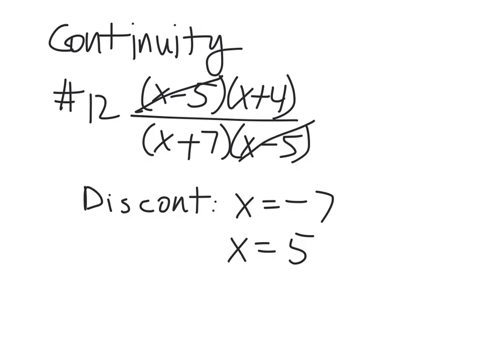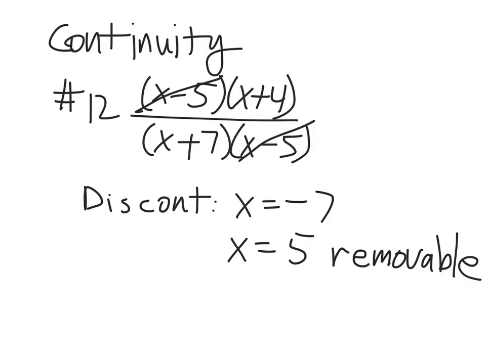So at x equals 5, this is where we'd have a removable discontinuity. And later on when we started graphing in detail, we would have a hole in the graph at this x equals 5.